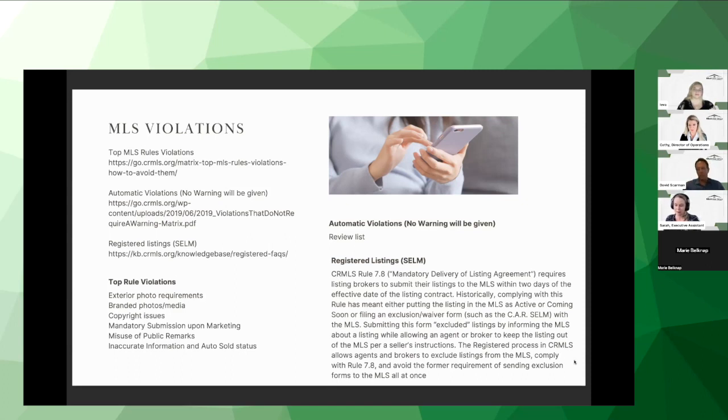And so submitting the form to the MLS allows the agent and broker to keep the listing off the MLS. And the registered process in CRMLS allows the agents and brokers to exclude the listing from the MLS while still maintaining compliance with Rule 7.8, which is the mandatory delivery.